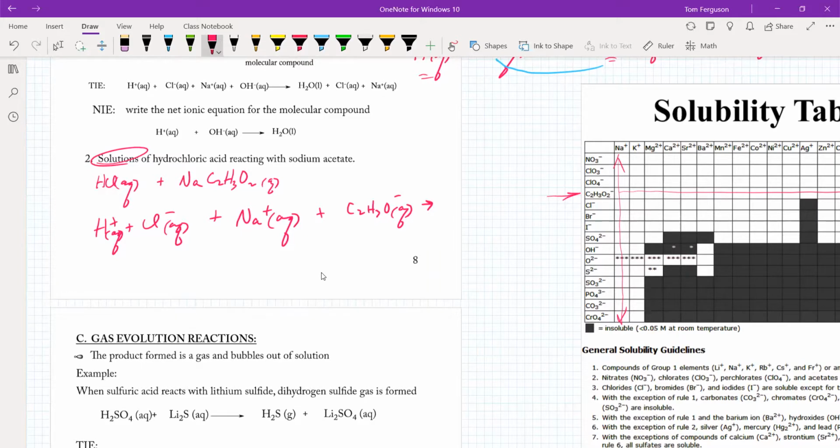So the cations exchange anions. That means this goes there. This goes there.